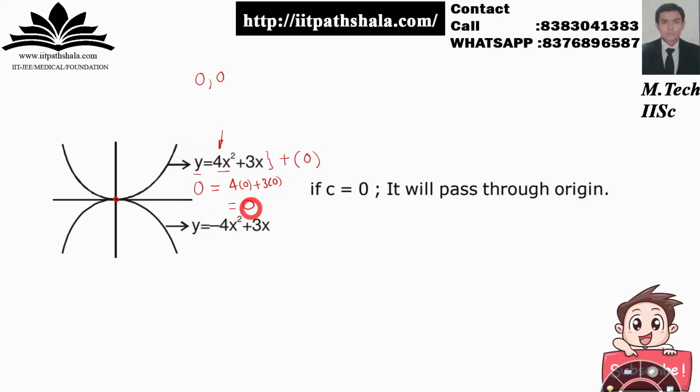So 0 will be equal to 0. Hence I can say that at point 0, 0 this parabola is passing through the origin because it satisfies the 0, 0 condition itself. Fine with that? So at c equal to 0, my parabola must be passing through the origin, whether it is a smiling up parabola or a smiling down parabola.